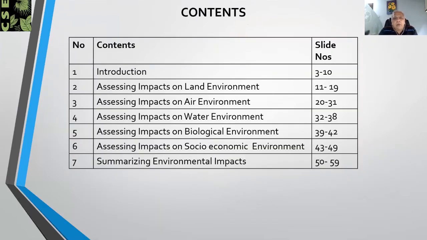So in this topic, what we are going to cover is first some initial slides on environmental impacts, the characterization, the types of impacts, etc. Then we go towards aspects involved in assessing impacts on land environment, air environment, water environment, biological environment, socio-economic environment, and then as a final, when we have to summarize the impacts of a project, how do we summarize the environmental impacts of projects?